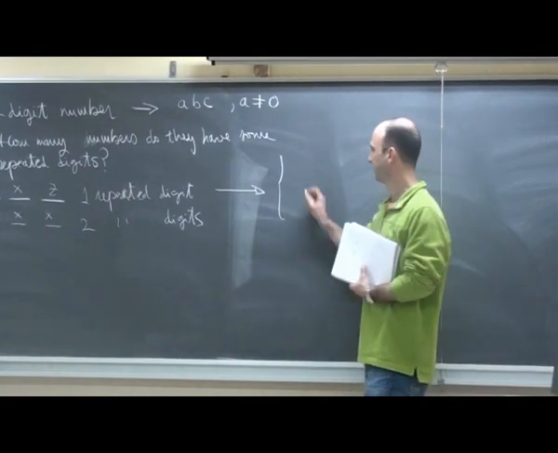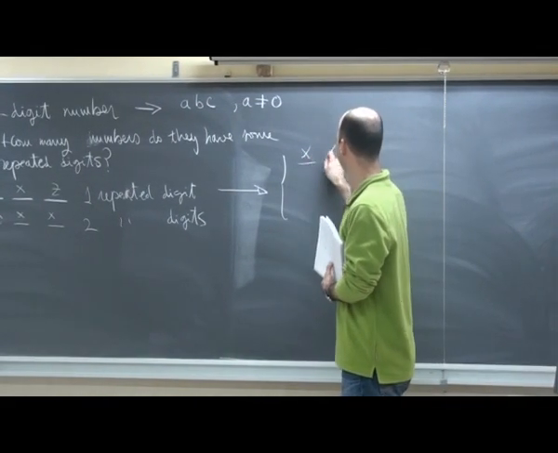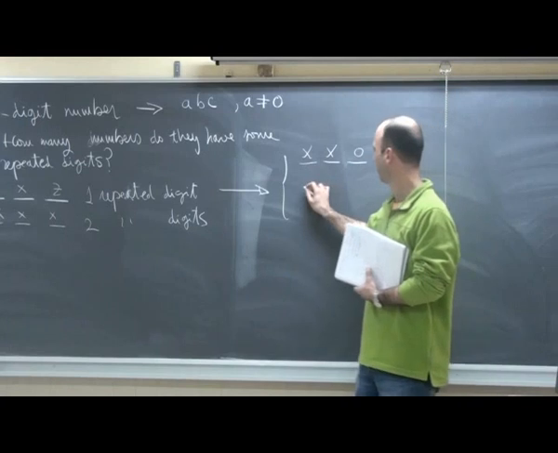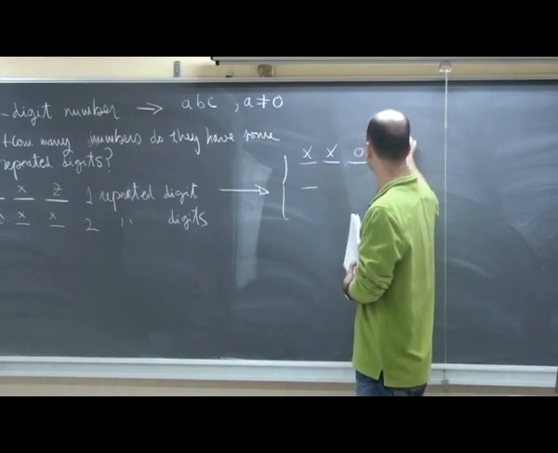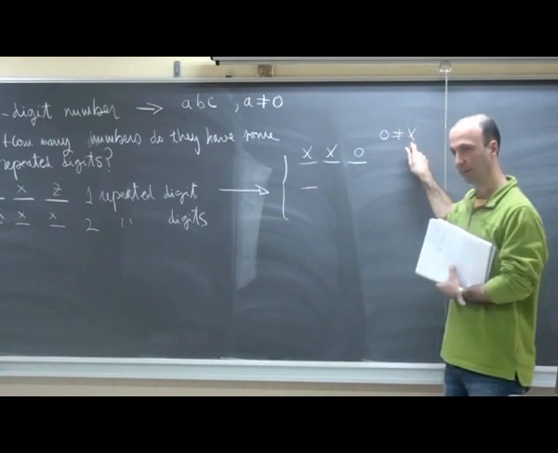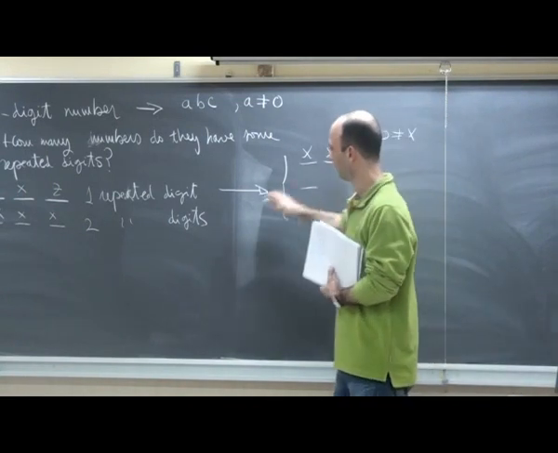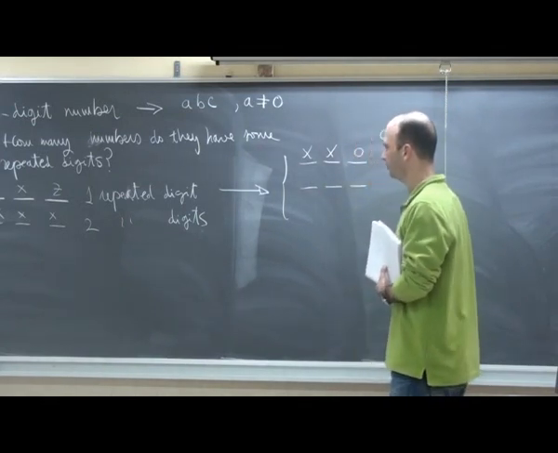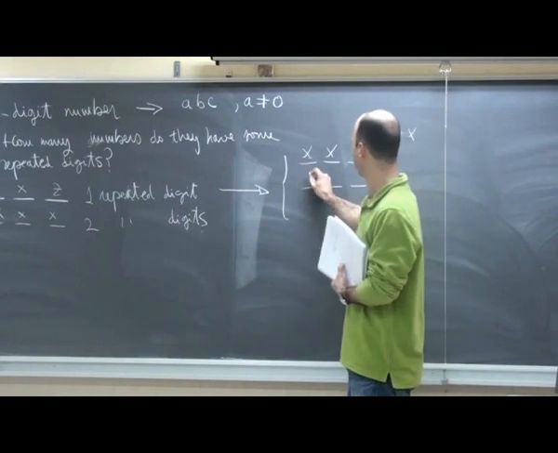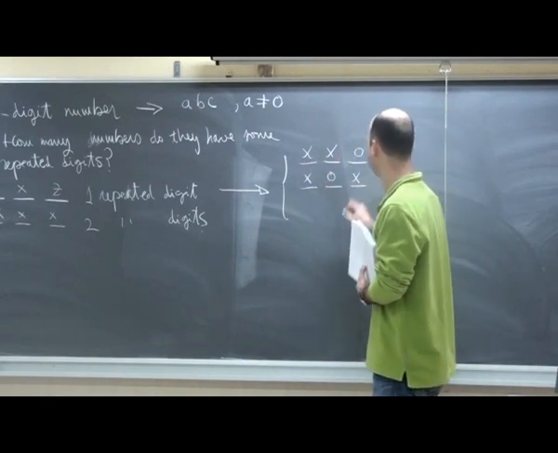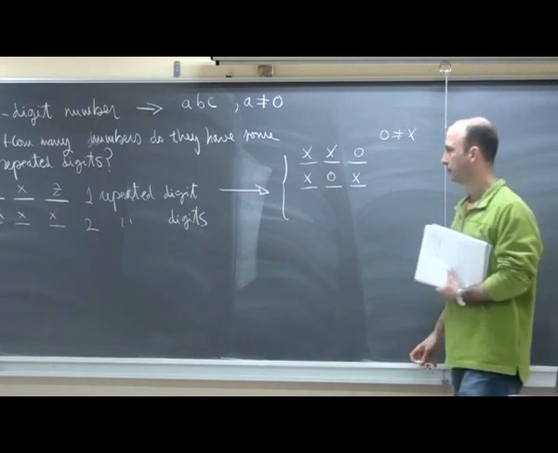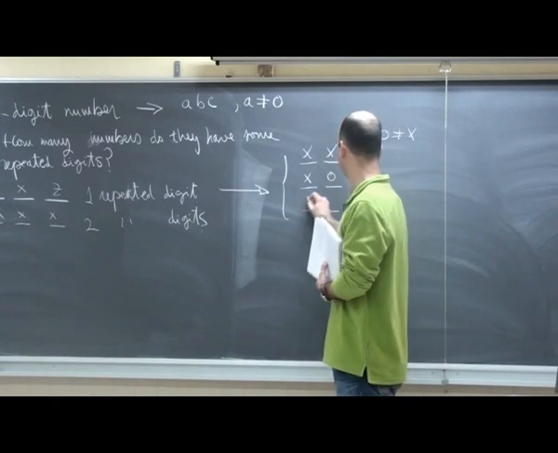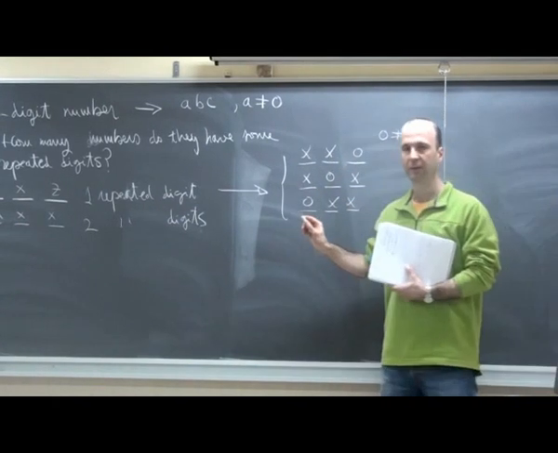I can have the repeated digits here, right? And there's something else. This symbol is different from x, because 3x is this case. I just have this, and then I could have this.